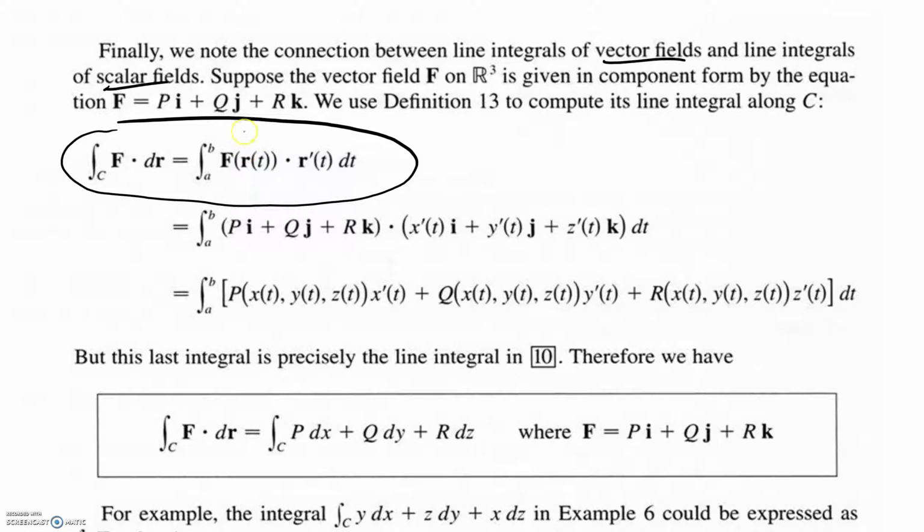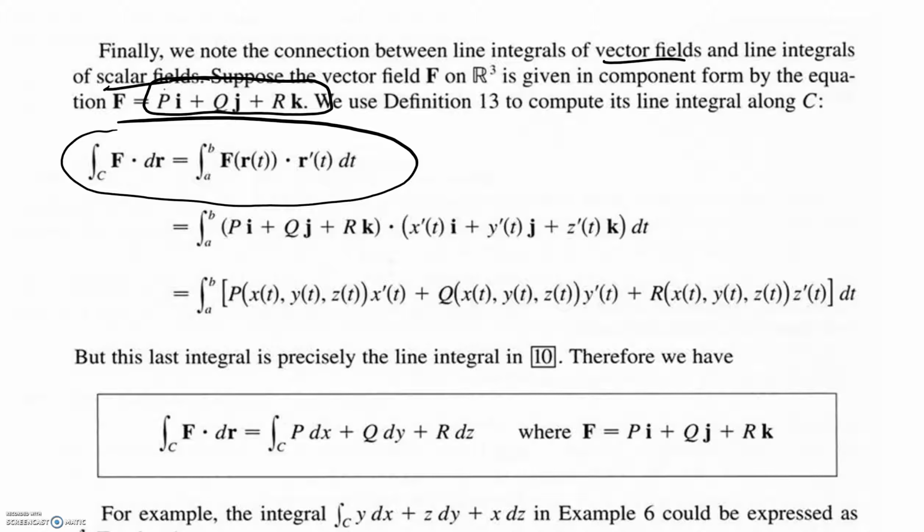As you take the parametric forms of x, y, and z and plug them into F, you wind up with P times vector i plus Q times vector j plus R times vector k.